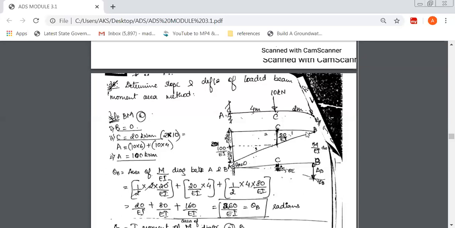You just have to divide it by EI. Now you can see here AB and AC and BC, they have the same EI value. Unless it is mentioned, it is understood that EI is common for both of these. So this is 20 over EI. Next, similarly, this is 100 over EI.